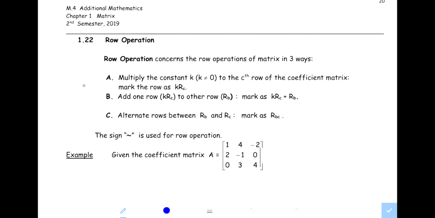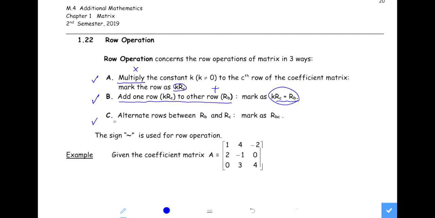So we have 3 ways to operate on the rows. Number 1 is to multiply by a constant k. I may want to explain it here. Things that you can do: 1 is multiplying. Number 2, you can add one row to another row.